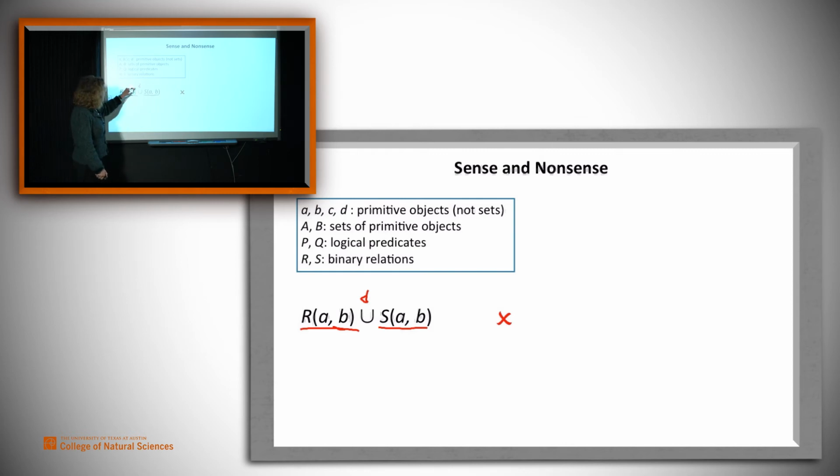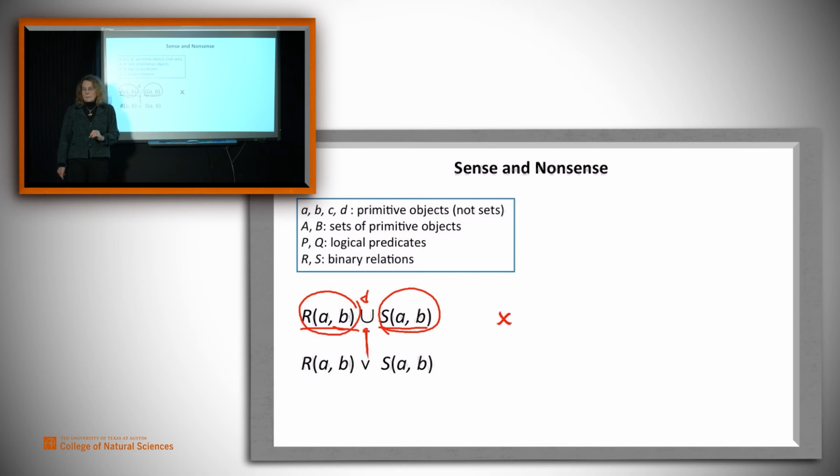Okay. This is a logical claim that A is related to B via R. And this is a logical claim that A is related to B via S. And now what have we done with the two of them? Oops. We've applied the set operator union. What might somebody have been trying to say? Perhaps they were trying to say that A and B are related by at least one of R and S.